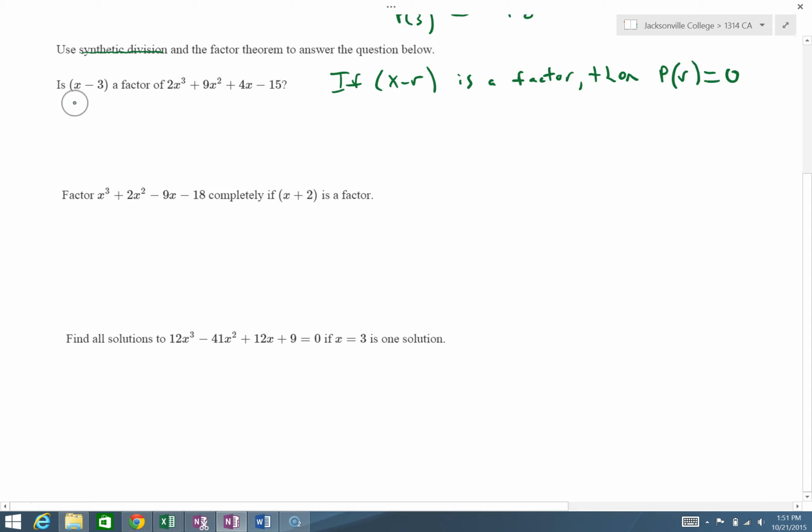Said another way, this is my x minus r right here. In this case, r would be 3. If our function, f of that value goes to 0, then x minus 3 is a factor.